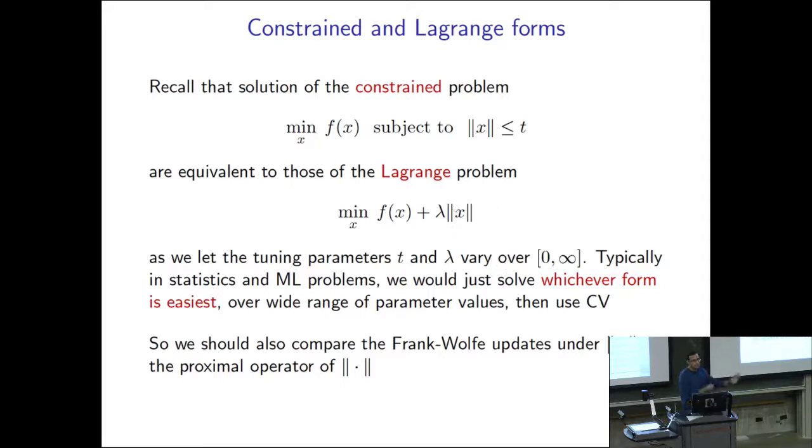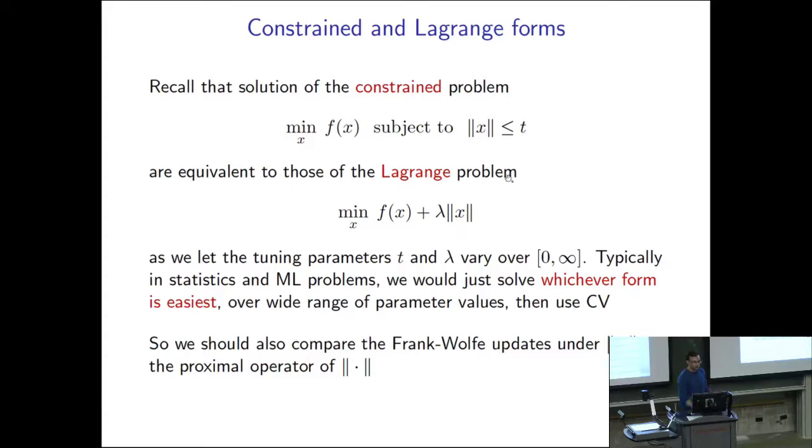Now, even that is a subtlety, and I don't want to go on too much of a tangent, but statistically speaking, these are still not equivalent. Solving this problem for the best fixed t and solving this problem for the best fixed lambda, where best means something like it gives me the best error, those are different estimators. They actually don't have exactly the same operating characteristics. The equivalence that brings us from this problem to this problem is data dependent.